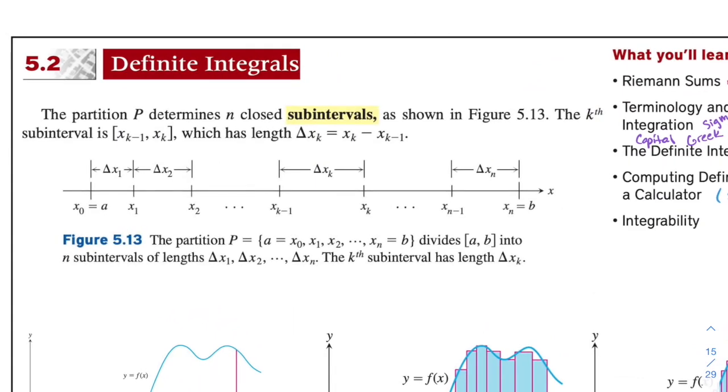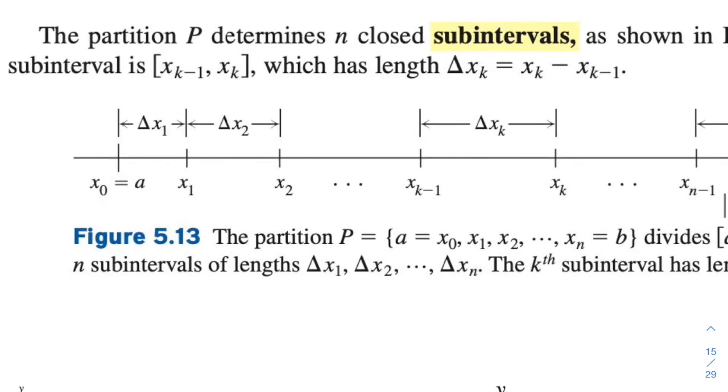So the definite integral. When we're looking at this, remember, we have a width of a rectangle, and that width we call delta x. And what we did in our last section in 5.1, we kept these all the same width. Okay, they don't have to be. The subintervals can change.